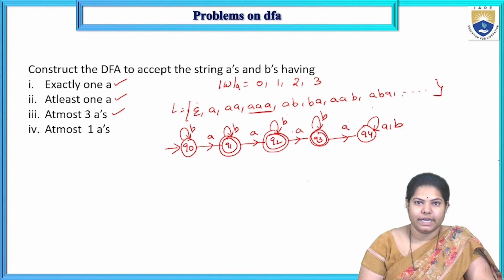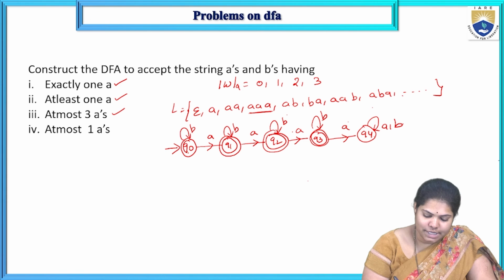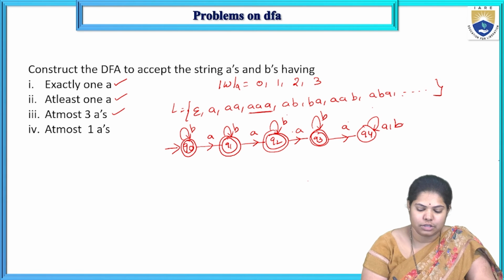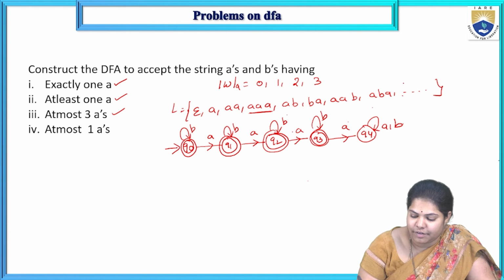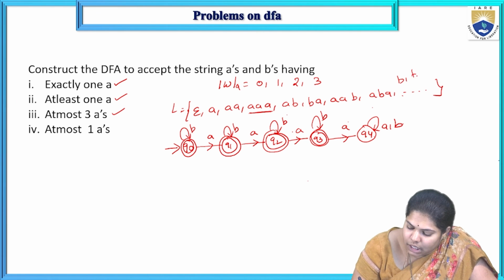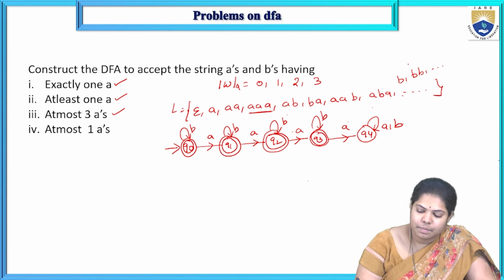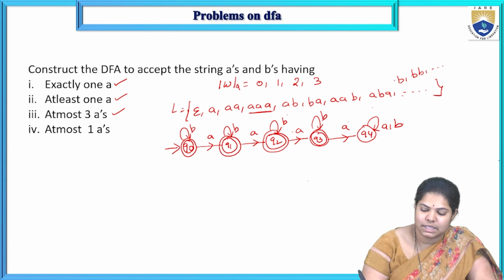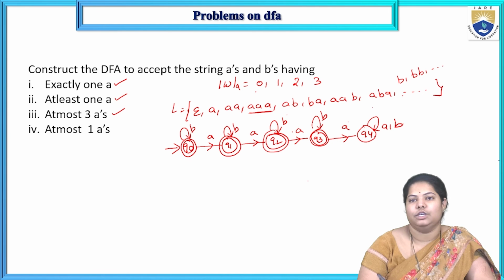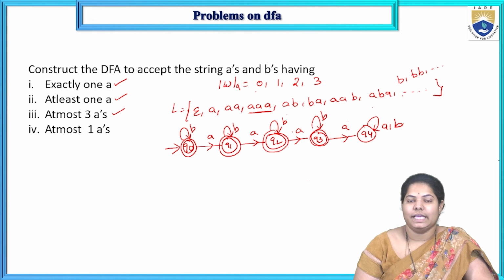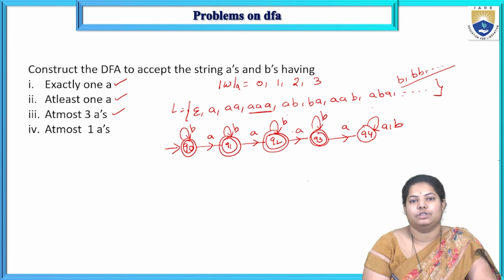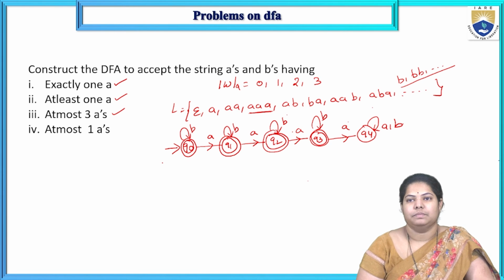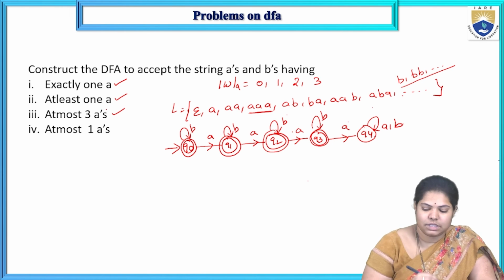As we also have an epsilon, in order to accept this epsilon, we make Q0 a final state. So what will happen if I make Q0 a final state? It also accepts B, BB and so on. That means in B, BB, the number of A's is zero. Therefore, any string which contains only B's will also be accepted here. So this is at most 3A's.